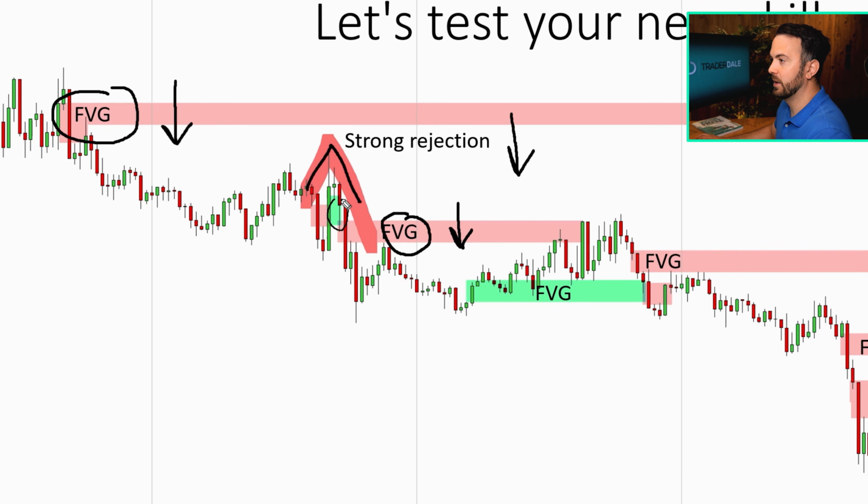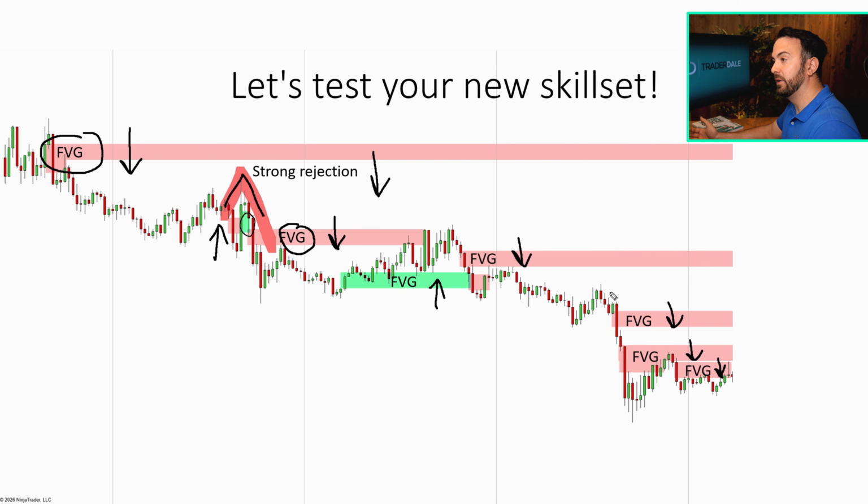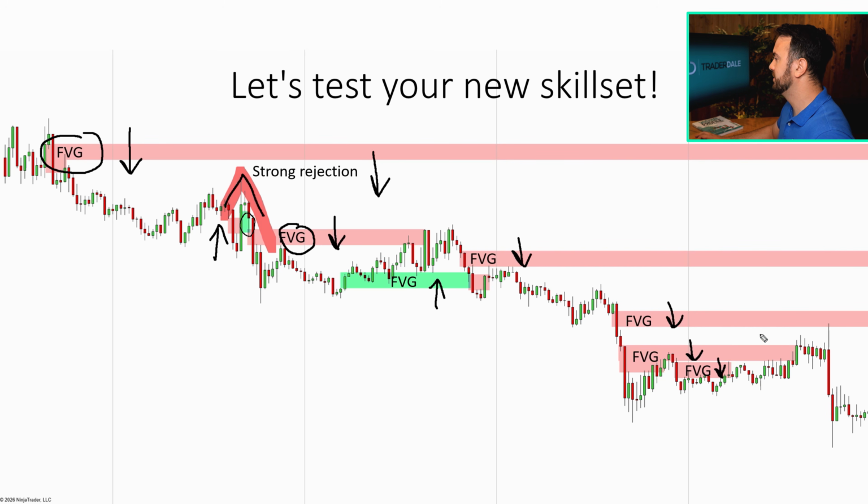Oh, and here is a bullish fair value gap, a little sign of buyers. And another one is in here. Then there is a bearish fair value gap, sign of sellers, and a couple of bearish fair value gaps in here. All those are signs of sellers. So now we have to compare buyers versus sellers. It's rather clear, isn't it? And as a reaction to that, the price continues to drop.